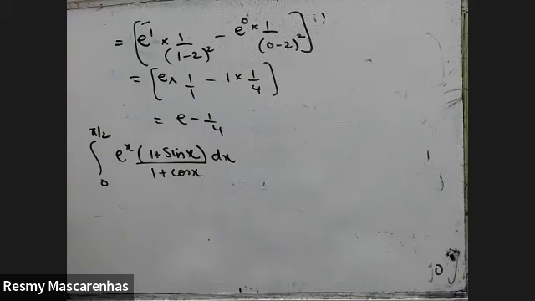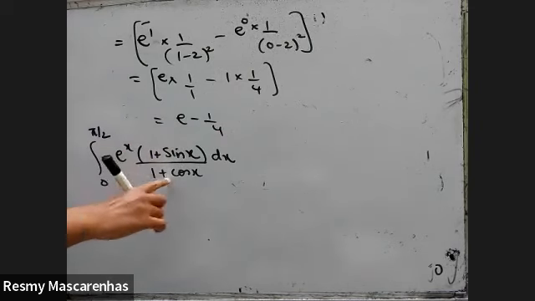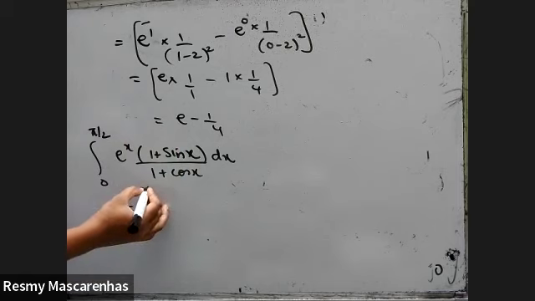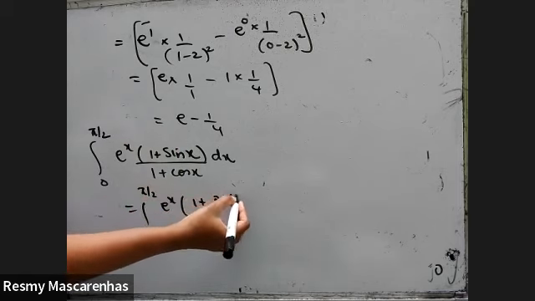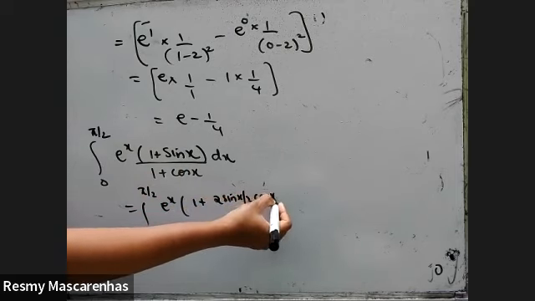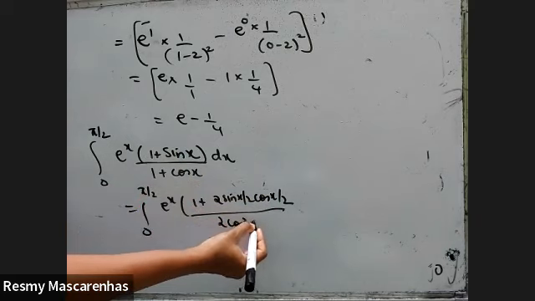Yesterday only I had done the same problem. This will be written as all half angles. This is 2 sin x by 2 cos x by 2, and 1 plus cos theta is 2 cos square x by 2.